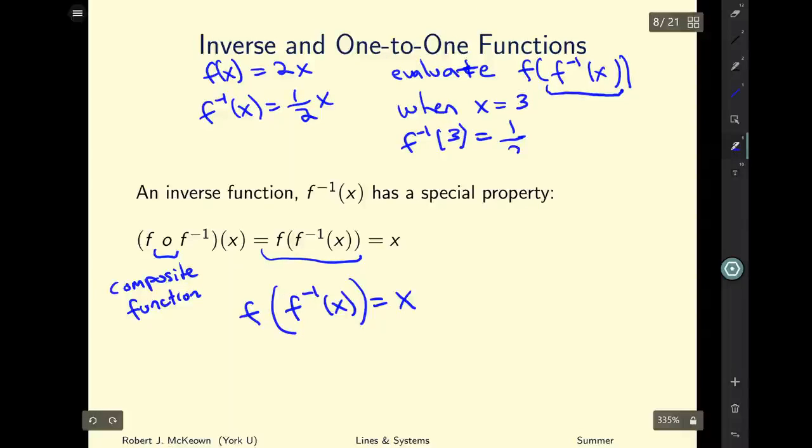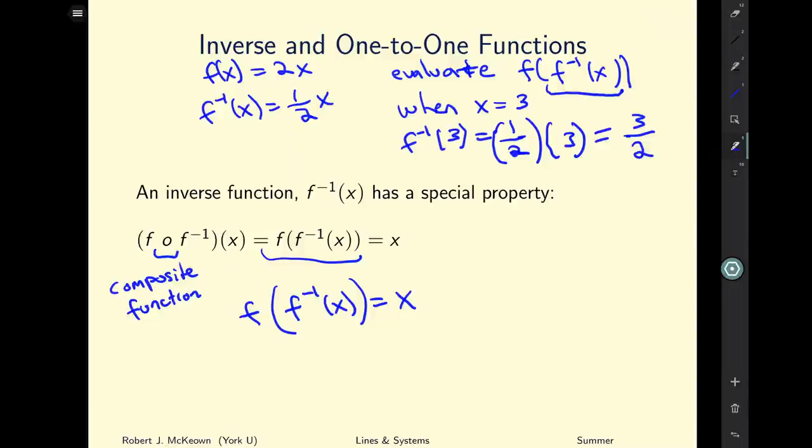We have 1/2 times 3, which gives us 3/2.